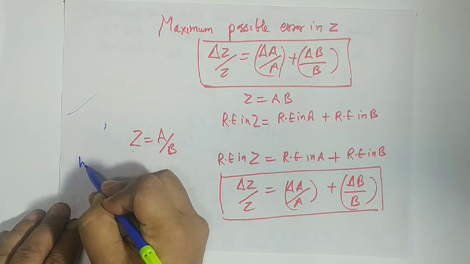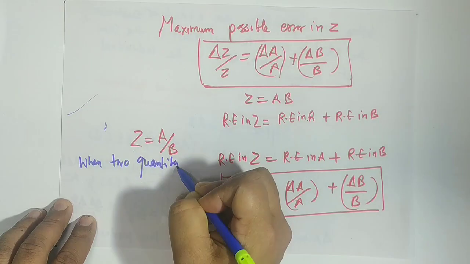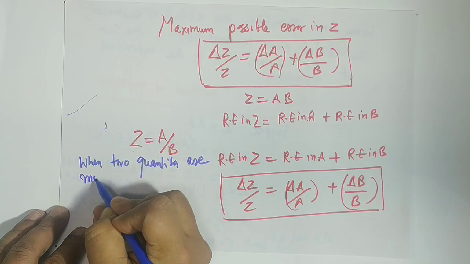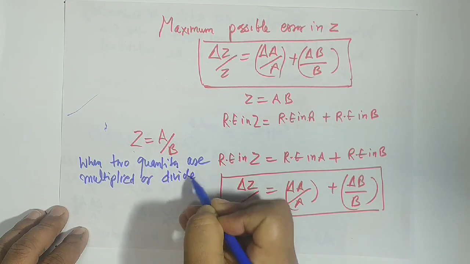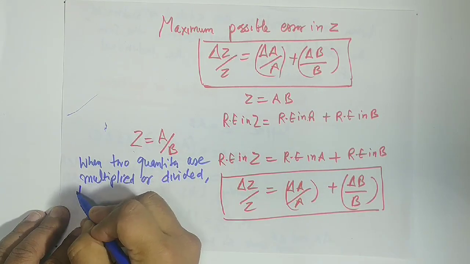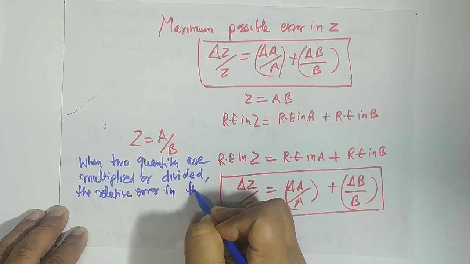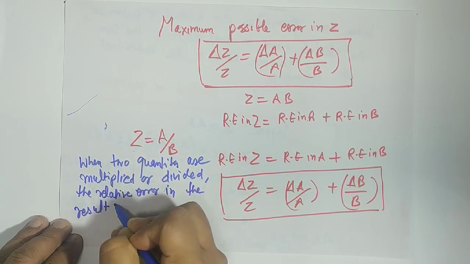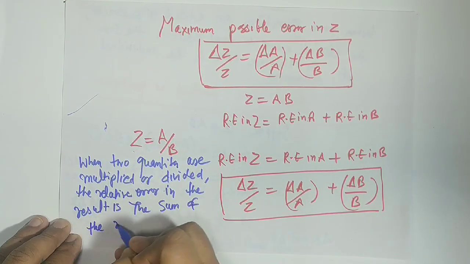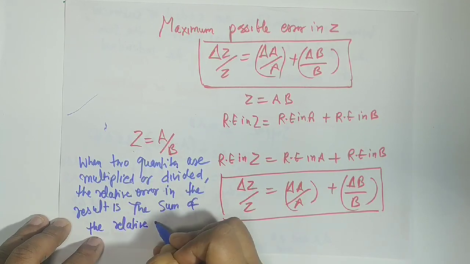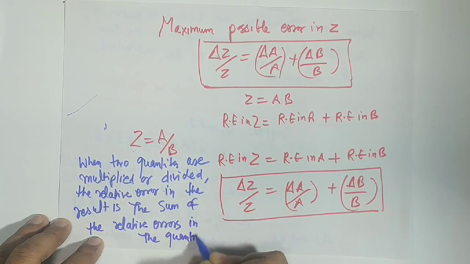So we can write: when two quantities are multiplied or divided, remember, the relative error in the result is the sum of the relative errors in the quantities or multipliers.